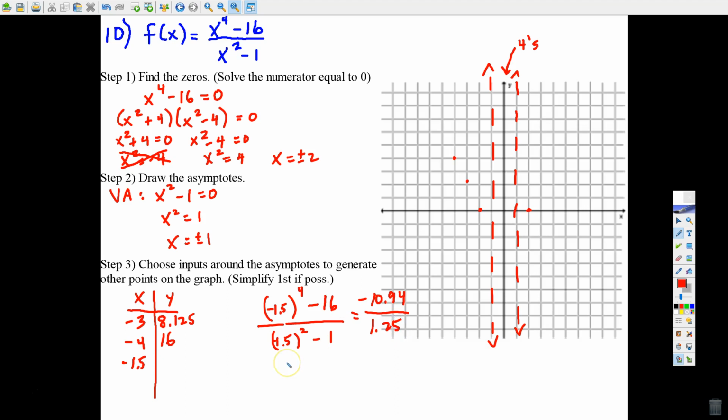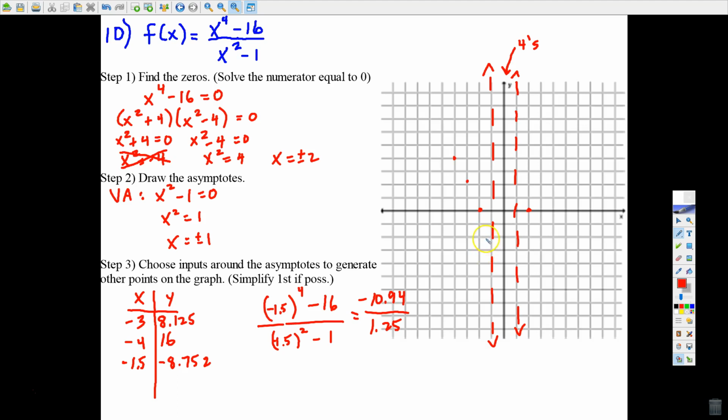And now we'll do the division. -10.94 divided by 1.25. And that's -8.752.